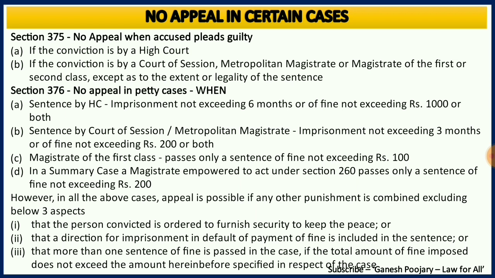Or if it has happened in Court of Session or Metropolitan Magistrate or Magistrate of first class or second class, in that case the legality of the sentence will be kept in mind, and if that is correct then there is no provision for appeal. Only if the legality of the sentence is not correct, then there can be an opportunity to appeal. Otherwise no appeal lies as per section 375.